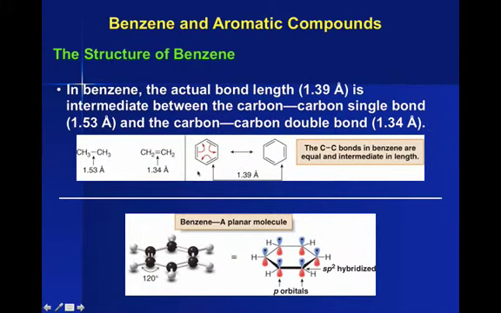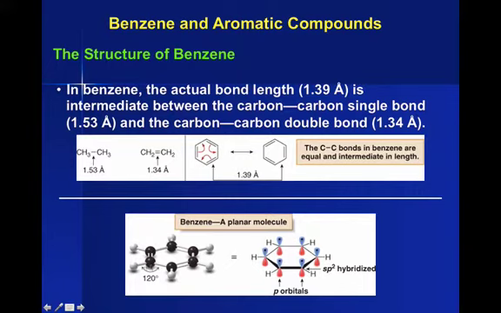Again, due to resonance, all of the carbon-carbon bond lengths are equal, at 1.39 angstroms, which puts it right in between a typical carbon-carbon single bond and a typical carbon-carbon double bond, as you might predict. So each one of these bonds has some double bond character and some single bond character. You can see here that benzene is a planar molecule.